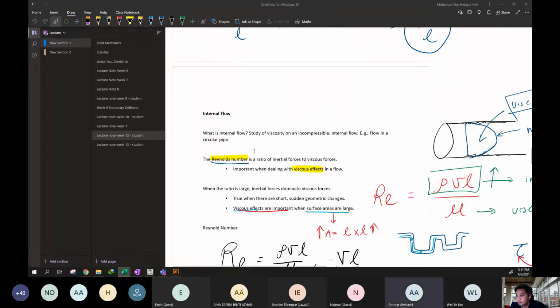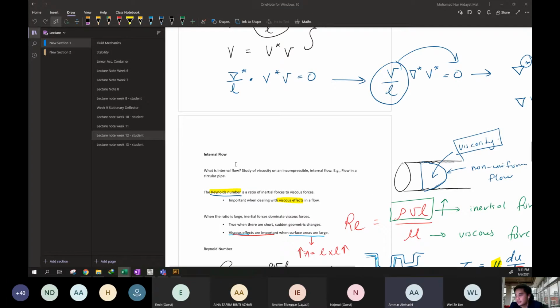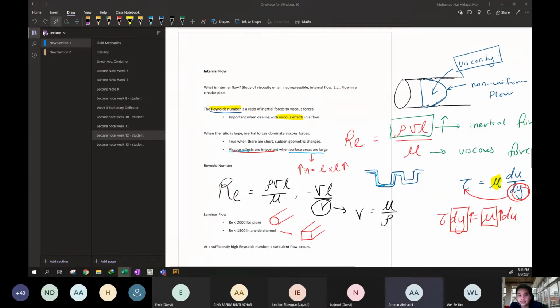Okay, so for today, we are going to cover, and yesterday we learned about a little bit of internal flow. Remember that the flow inside the pipe, we call the internal flow. So what is the internal flow? It is mostly governed by the viscosity, as you can see in this slide.